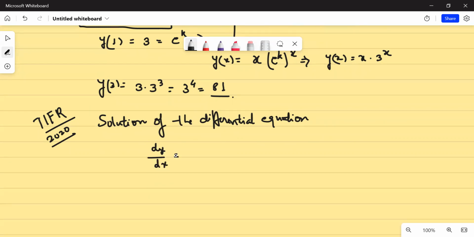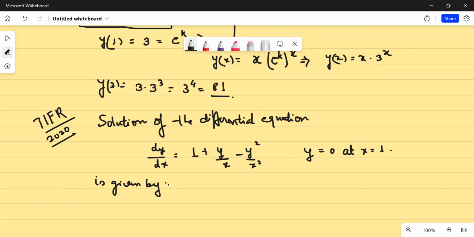So it was given: the solution for the differential equation dy by dx equal to y by x, 1 plus y by x minus y squared upon x squared, with the boundary condition that y is equal to 0 at x equal to 1, is given by. So instead of giving you options, I'll give the options in the notes. Meanwhile, you start doing this question.